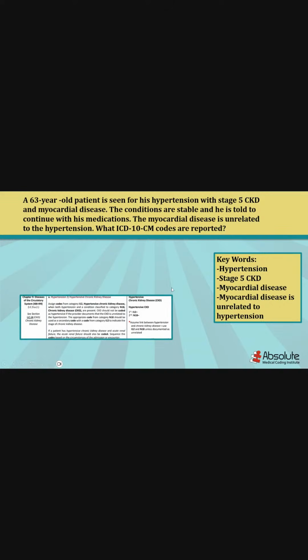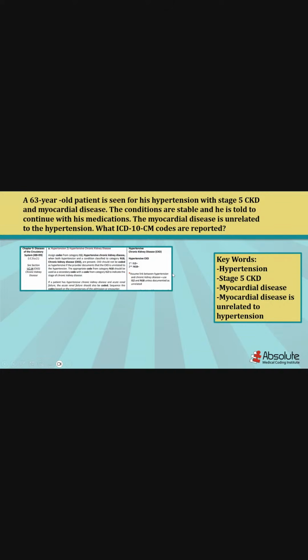So this is going to be our main guideline that we're going to be focusing on, IC9A2, hypertension or hypertensive chronic kidney disease. And if you look right here, it says assume link between hypertension and chronic kidney disease. So we're going to assume that they are linked because there was nothing saying that they were unrelated. It's only saying that the myocardial disease is unrelated to the hypertension.